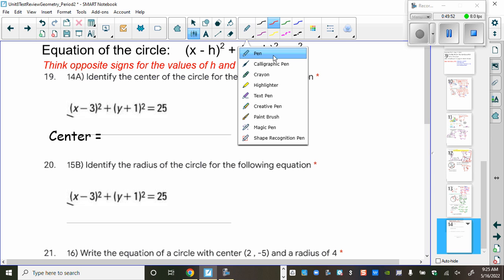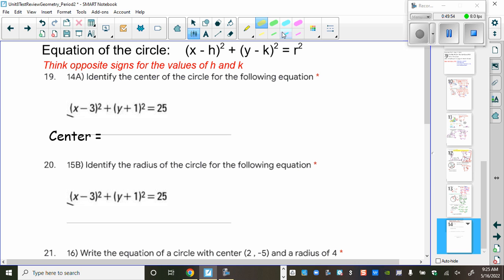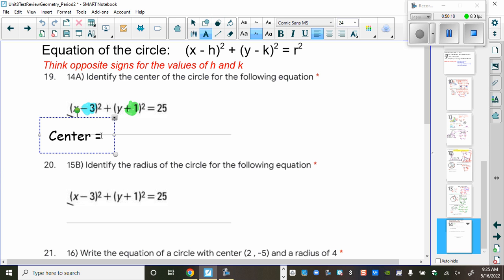I'm going to highlight both of these numbers. So for my center, are you going to keep or change the sign of the two numbers that I highlighted? Are we keeping or changing signs? Who'd like to take a guess?